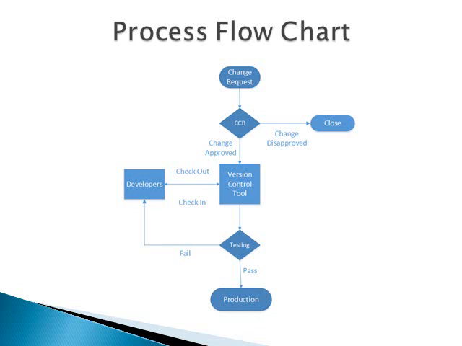This chart shows the change request process. Anyone who uses an application can submit a change request. The Change Control Board will either approve or disapprove a change request. If approved, lines of code will be placed in a control folder where developers will check out the lines of code, make changes, and check the code back in.